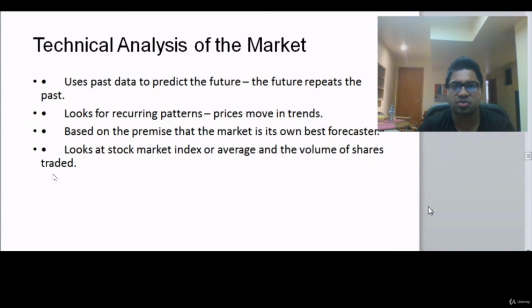Technical analysis uses the past to predict the future, so the future repeats the past, and it looks for recurring patterns. It is based on the premise that the market is its own best forecaster, and it looks at the stock market index average and volumes of shares traded.